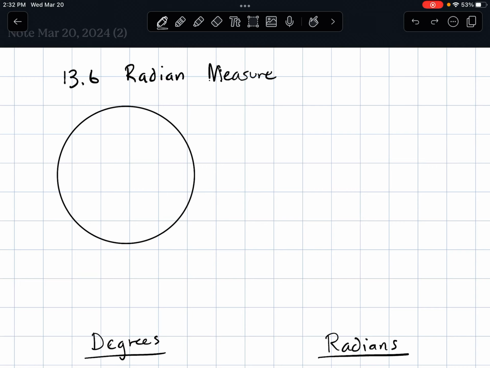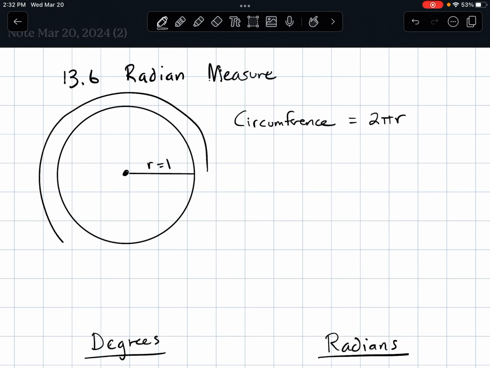So what are radians? Well, let's take this circle here, and I'm going to define the center of the circle, and say that the radius of this circle is 1 unit. If I'm thinking about the circumference, we know that the circumference of a circle is 2 pi r.